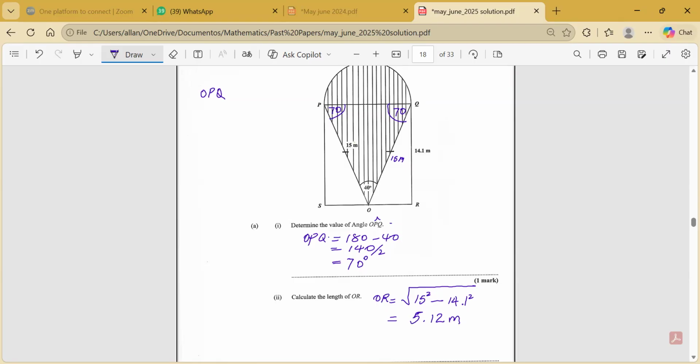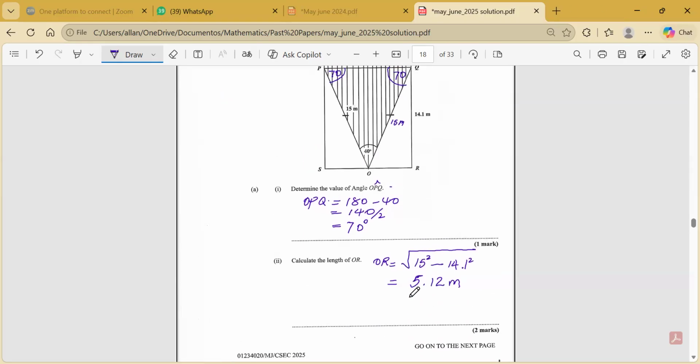So the length here is 5.12 meters. So this is also 5.12 meters. And everybody okay with that?